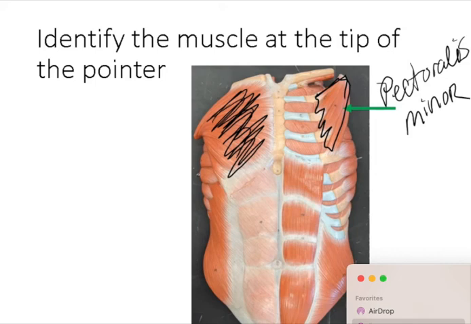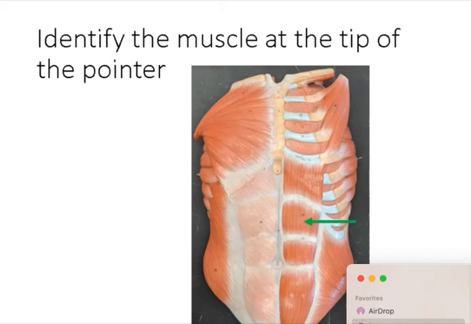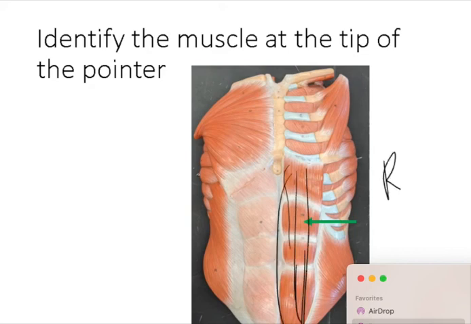On this model in general, we can see this side right here is showing you the superficial muscles, and this other side is showing you what's underneath, the deeper muscles. So when you pull the superficial muscles off, what do we see underneath them? That'll be important for the abdominal muscles. We looked at this on the other model in the beginning, but this is showing us the vertical muscles in the center of the abdomen.